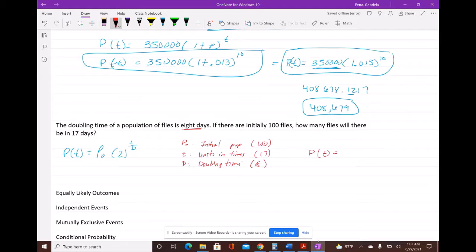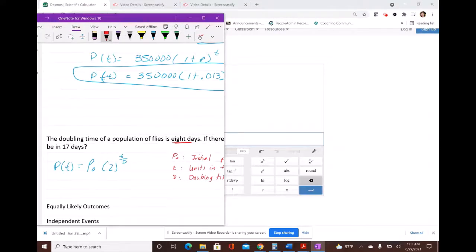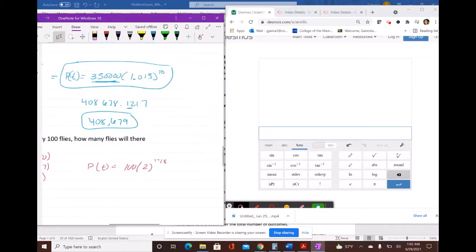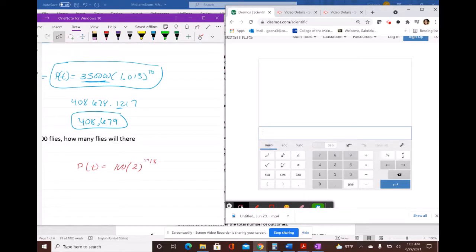So we put 100 times 2 to the power of 17 over 8. The exponent is 17 divided by 8. So let me minimize that. Let me move it over so we can see what it is.